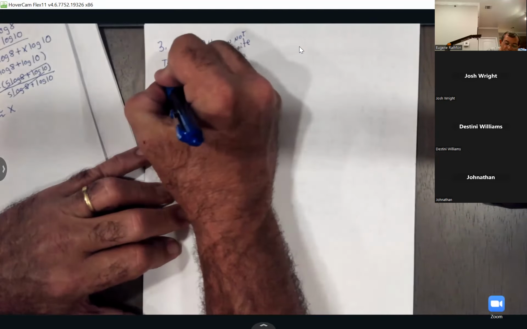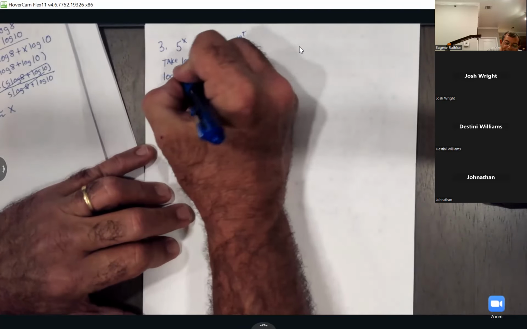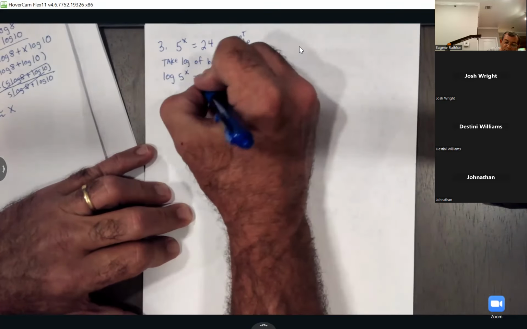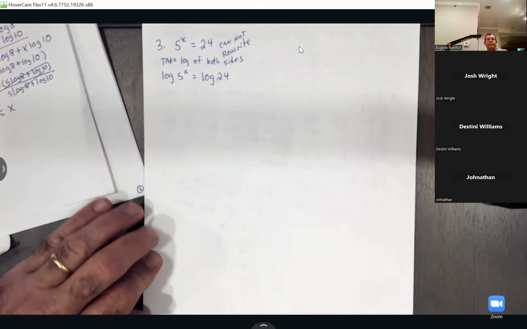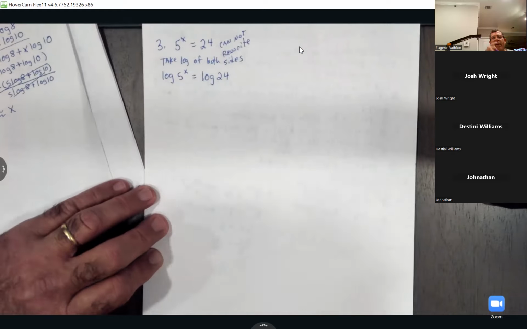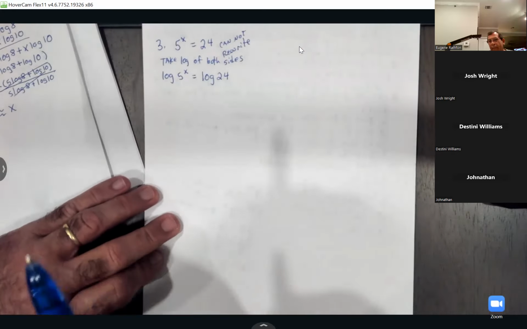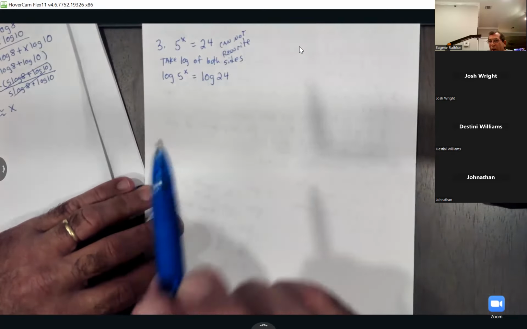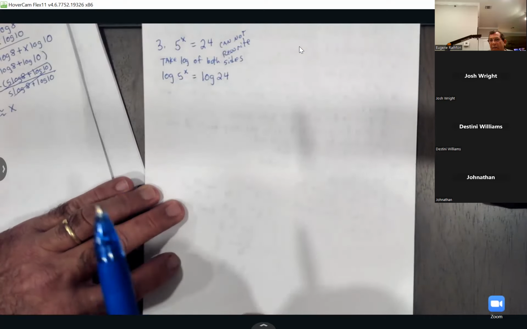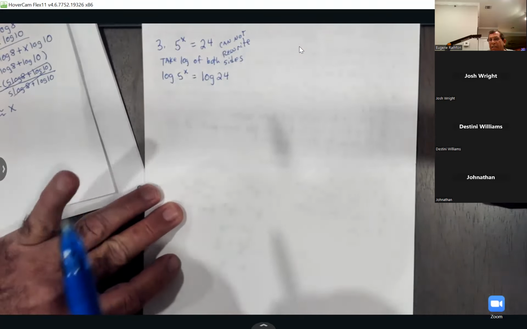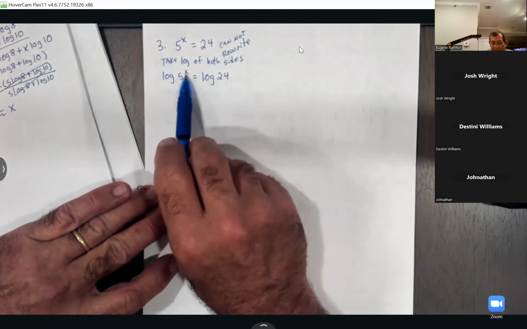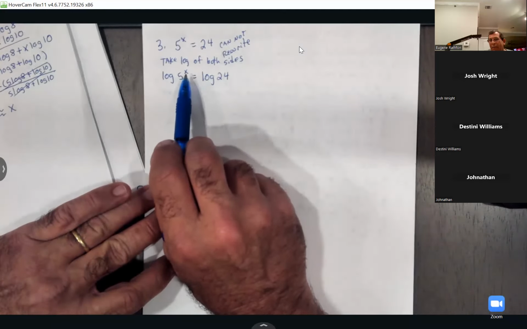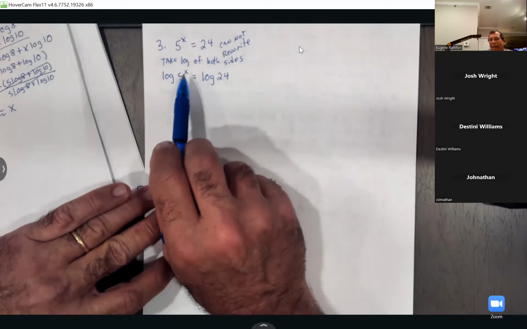So I'm going to have a log of 5 to the x equals a log of 24. Now, y'all, I know we just learned this last class, but what we need to do now is invoke what we call the power rule. And it has to do with these exponents. What do we need to do with that exponent?